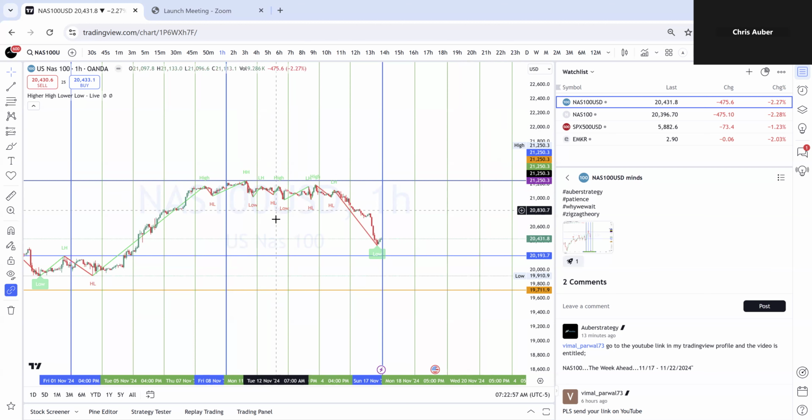But in that consolidation period, it made a series of lower highs until eventually on Friday, it broke that temporary structure to form a new higher low.